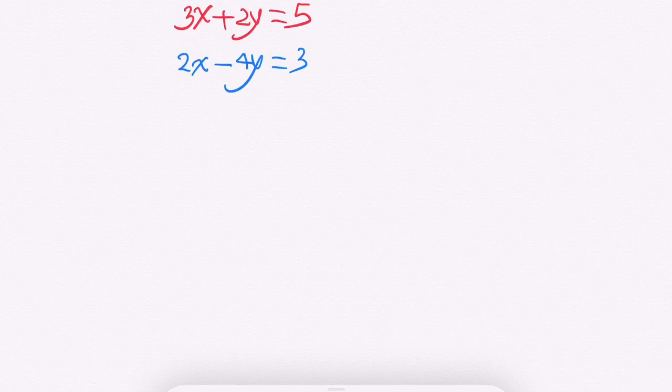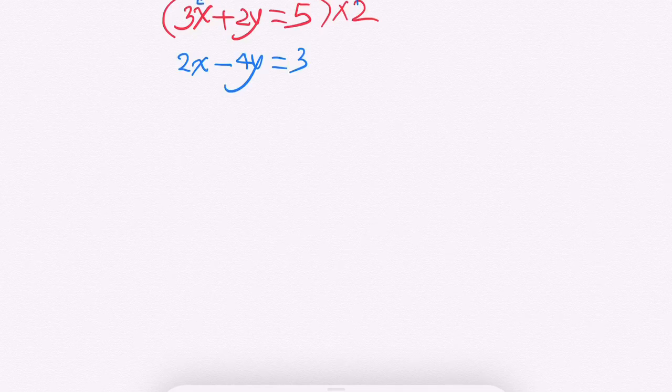So you can make the same coefficient for x terms or y terms. In this case, y terms are easier because 2y and negative 4y, if we multiply the first equation by just 2, the coefficient of the y term is going to be 4y, right? So I will multiply by 2 the first equation.